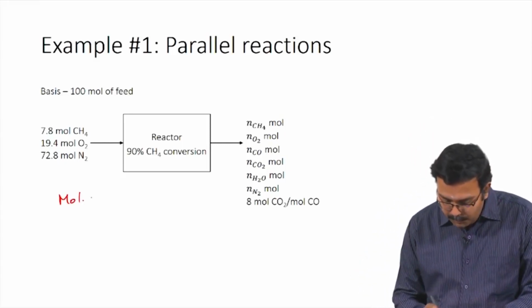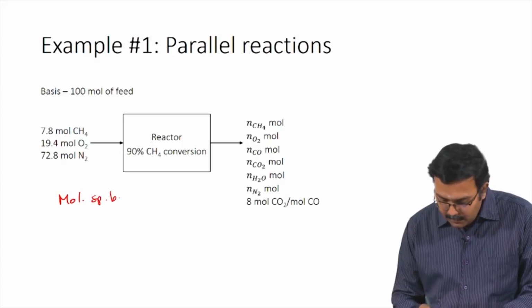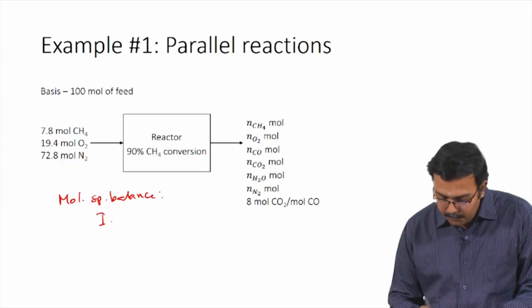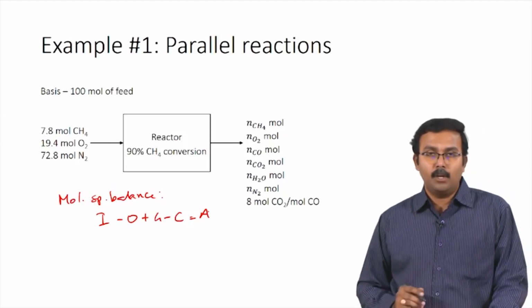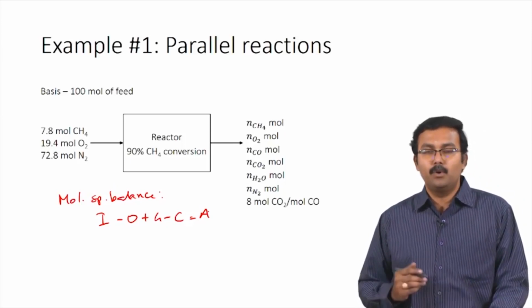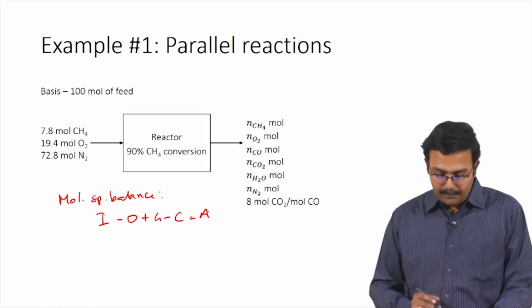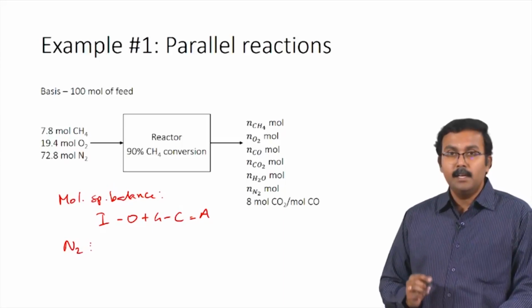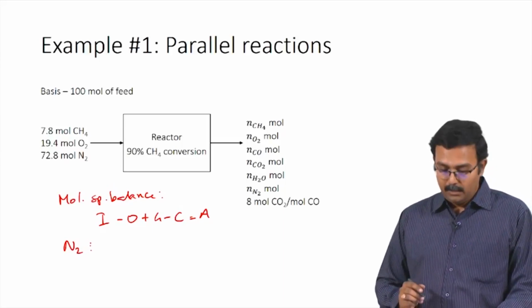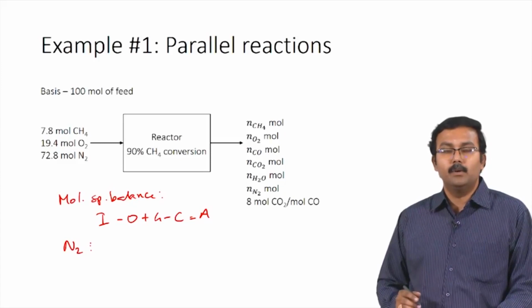The molecular species balances can be written as follows. You have input minus output plus generation minus consumption equals accumulation. For non-reactive components, generation and consumption would go to 0 and at steady state accumulation would go to 0. So, let us start with nitrogen. Nitrogen is a non-reactive component, so generation and consumption will be 0.